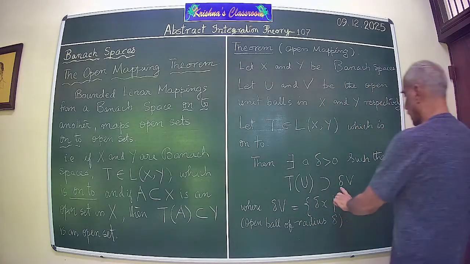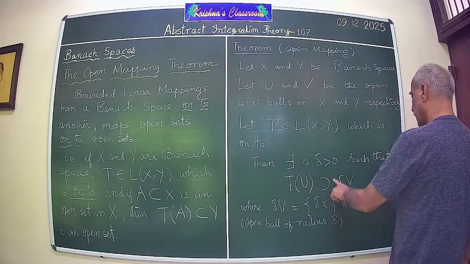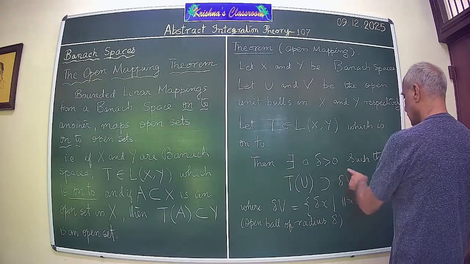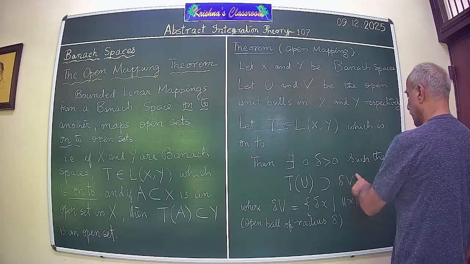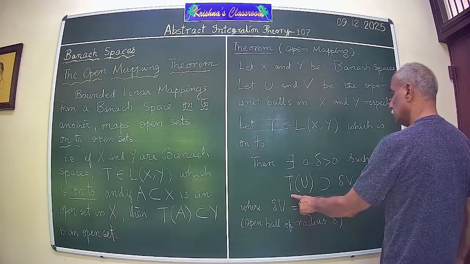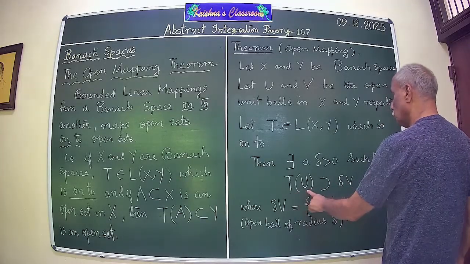What it says is that there exists a delta positive such that the open ball of radius delta is contained in the image of U under T.